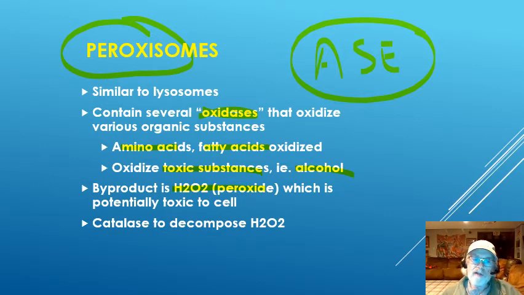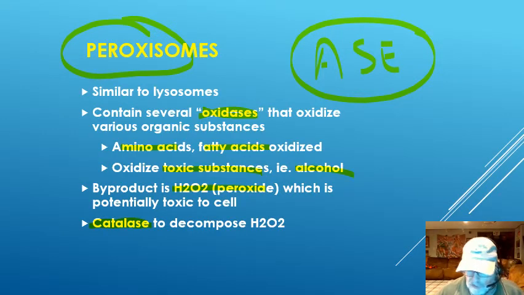So here's what the cells do to make sure that the hydrogen peroxide produced as a byproduct of the peroxisomes doesn't cause a problem. There's also an enzyme there called catalase. Catalase decomposes the H2O2, which is peroxide.